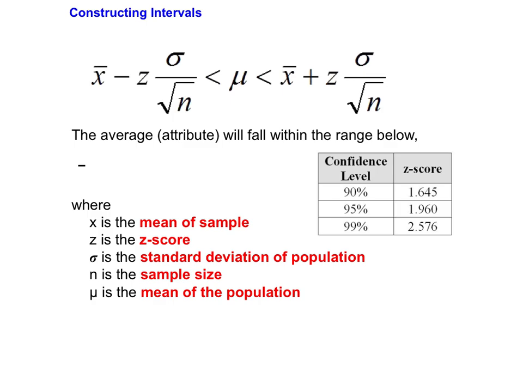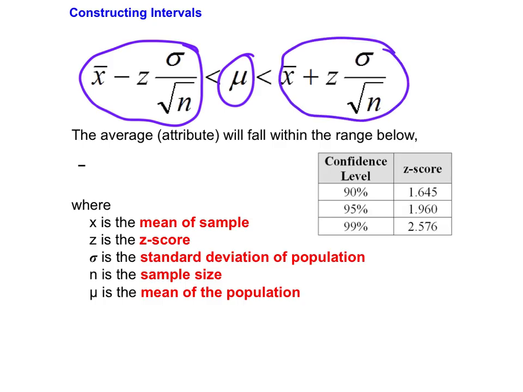Remember, this is standard deviations away. Here is the equation that we use: we've got our population mean, and then you've got the values representing your lower and your upper confidence levels. In that equation, of course, X bar is the mean of the sample.